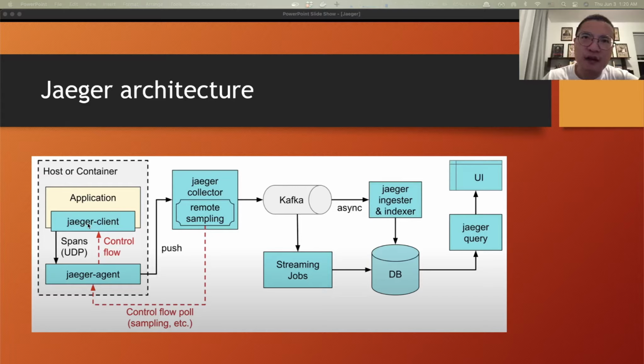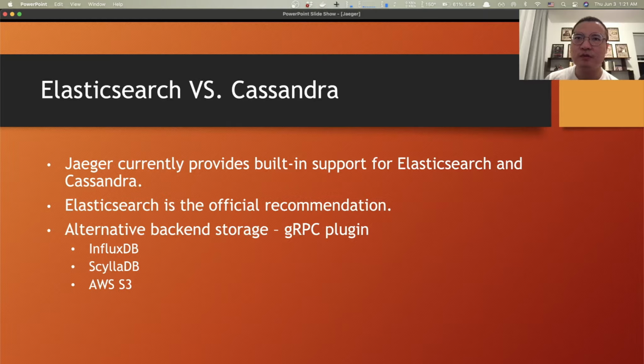So I guess the question comes to which storage backend should we use, Elasticsearch or Cassandra? The Jaeger team provides a clear recommendation to use Elasticsearch as the storage backend over Cassandra.